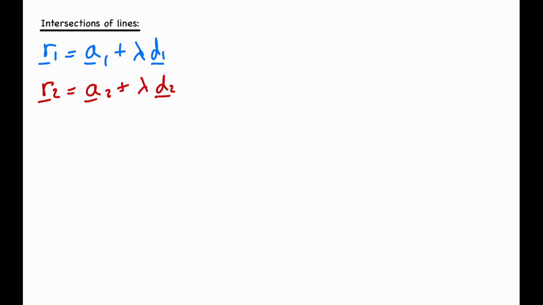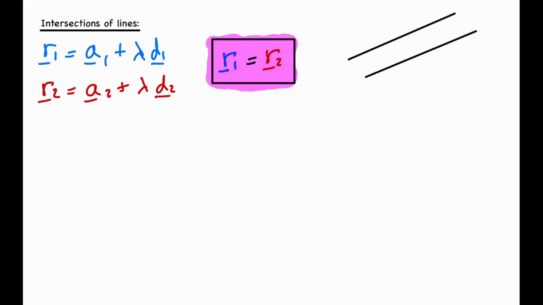Now let's move on to intersections of lines. If you have two lines with the equations r1 is equal to a1 plus lambda d1, and r2 is equal to a2 plus lambda d2, to find a point of intersection, you would just do r1 is equal to r2. But not all lines intersect. In 2D, you either have parallel lines, like this, which don't intersect.